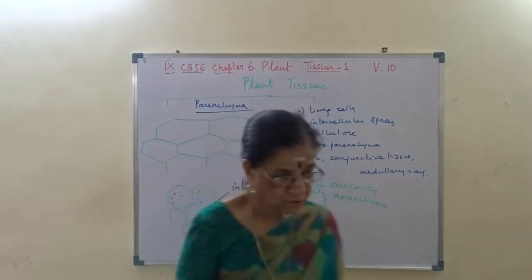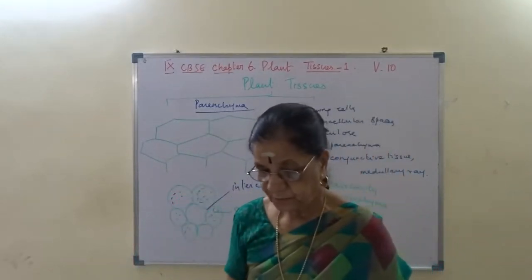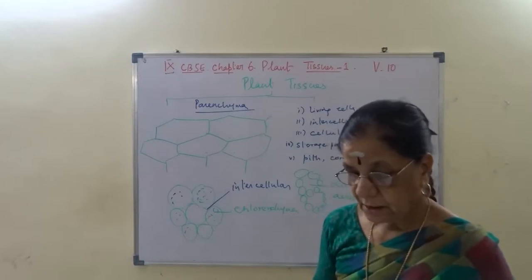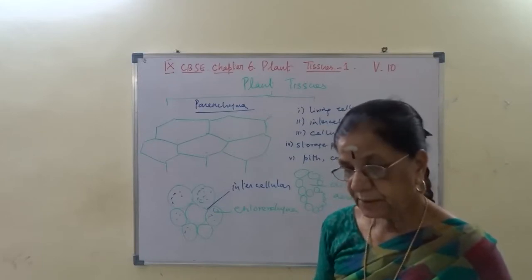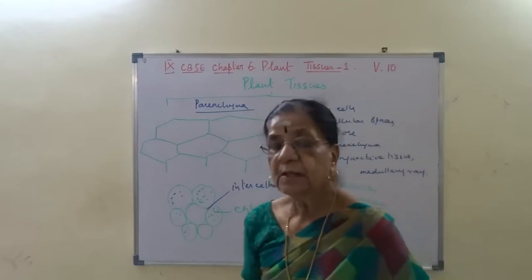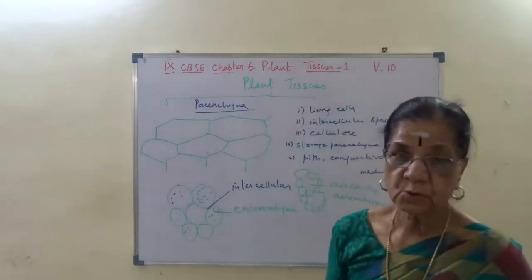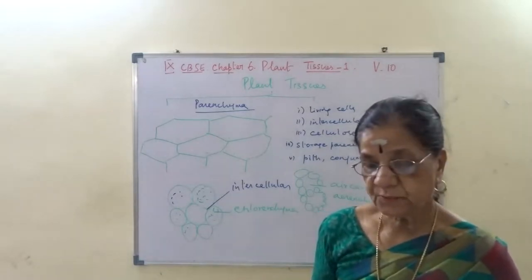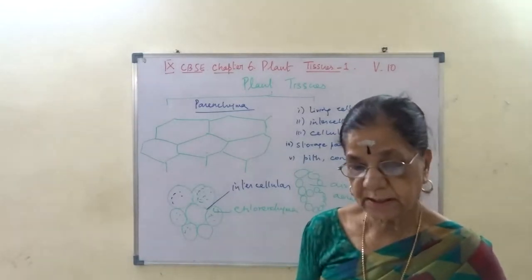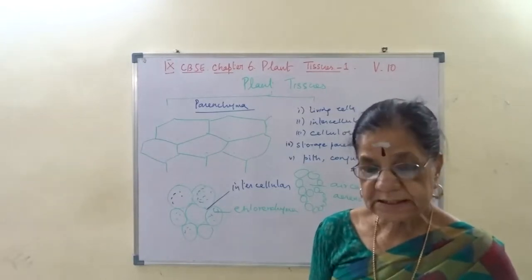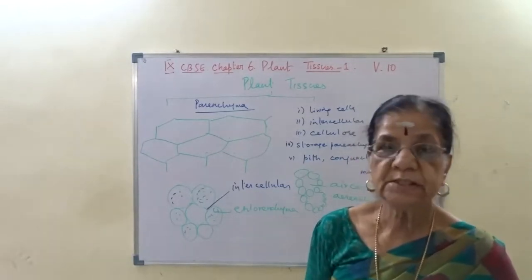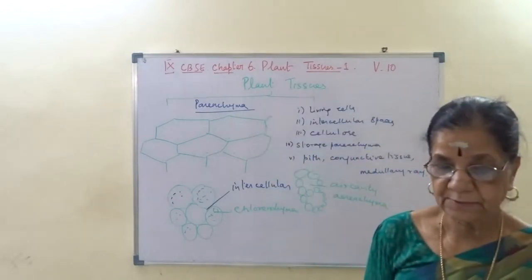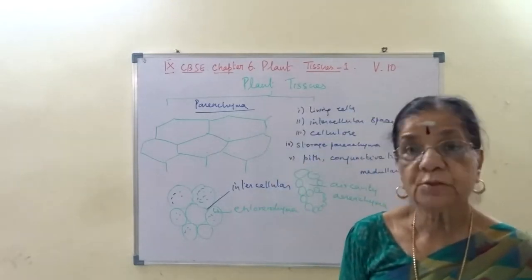In our textbook, under permanent tissue, we have simple permanent tissue, and next is collenchyma. The flexibility in the tissue is due to collenchyma, and it allows easy bending of various parts of the plant, especially the stem and leaf, without breaking.